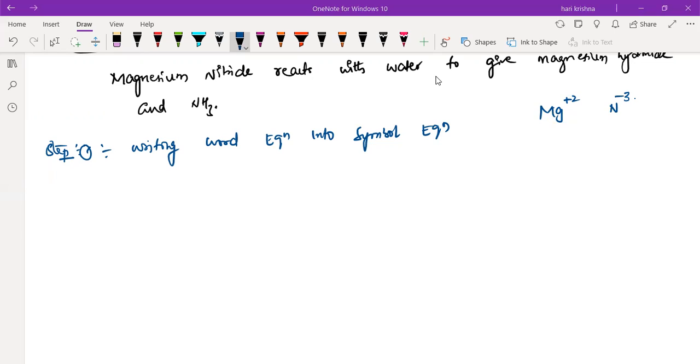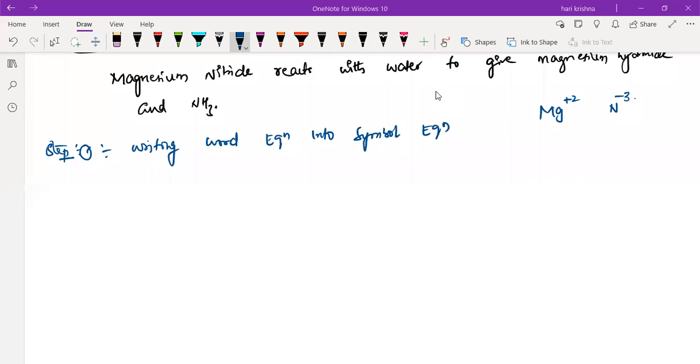For example, if we have nitric acid, I'm unable to write it in the symbol equation. That is what I'm asking you.